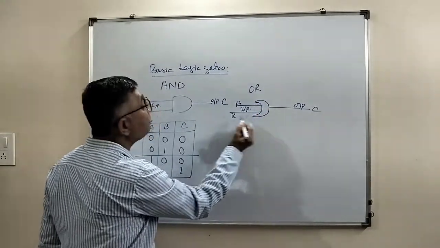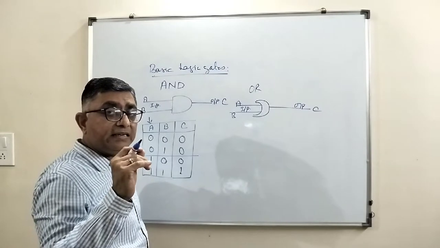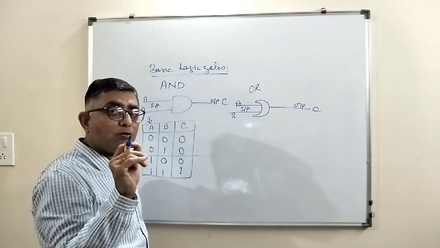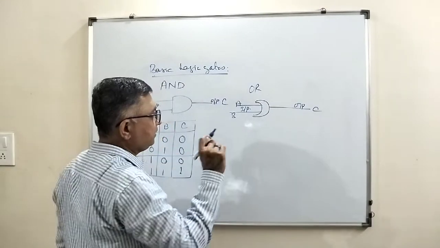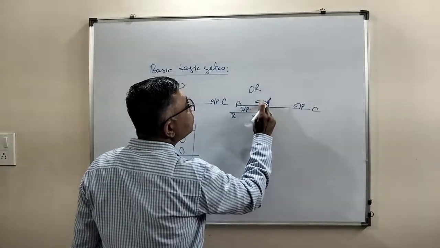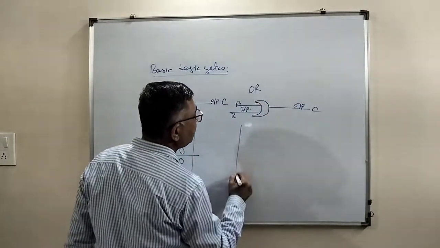This is a curvature shape, this is straight. So once you are representing a gate in a symbol, that symbol should be exactly the same. So here something curvature type of thing, right?